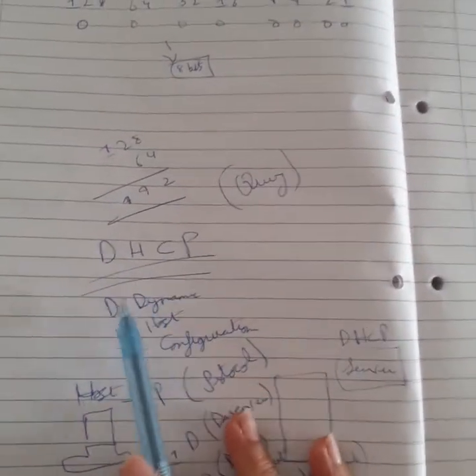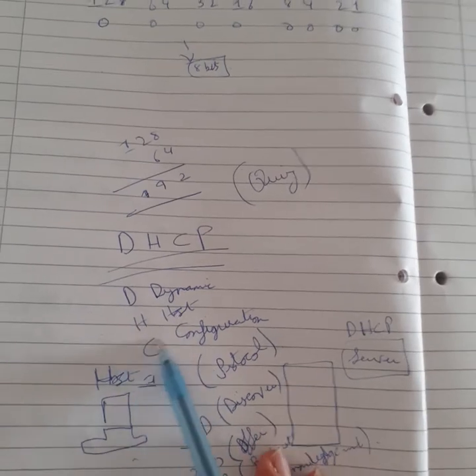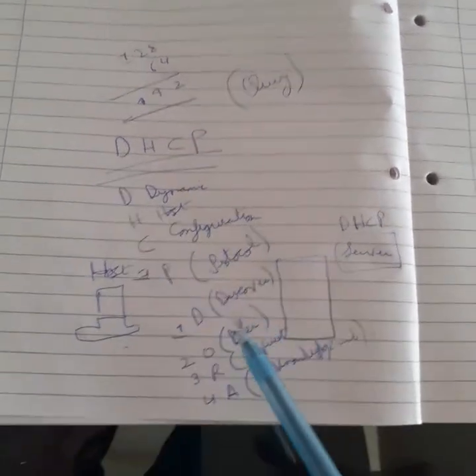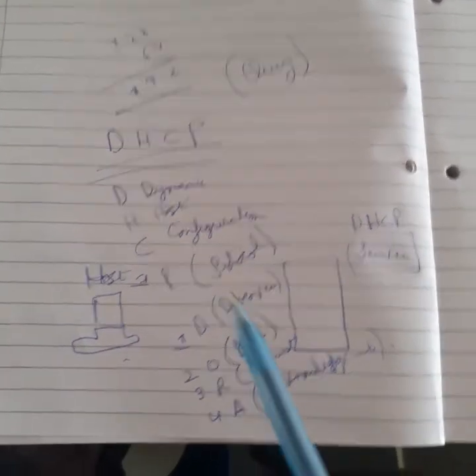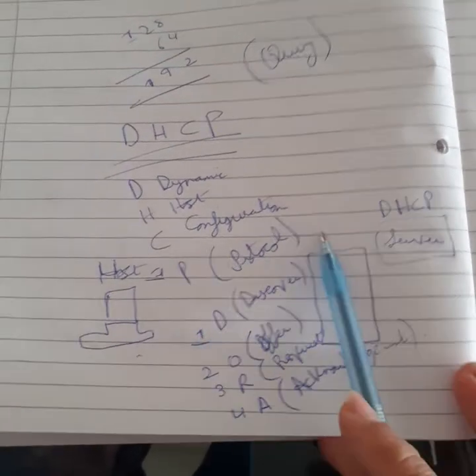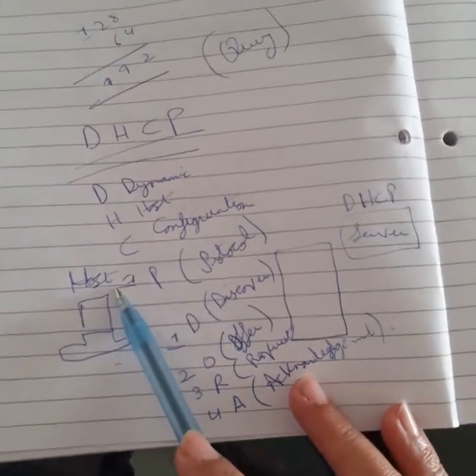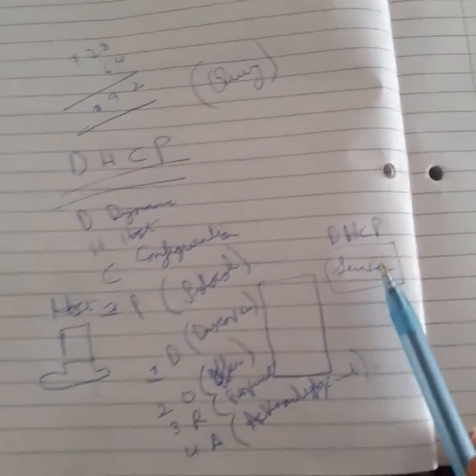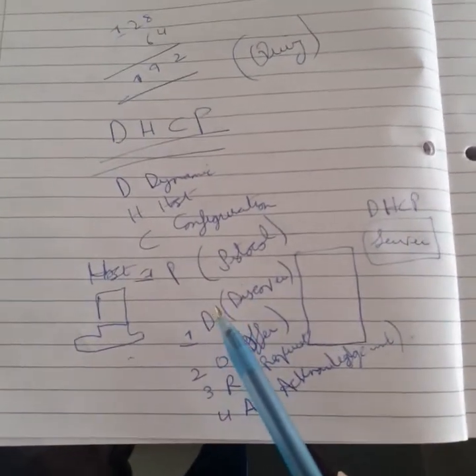So that's a quiz question. Remember that DHCP is Dynamic Host Configuration Protocol, and DORA is the process which operates between my host and my own DHCP server, hopefully, one day.